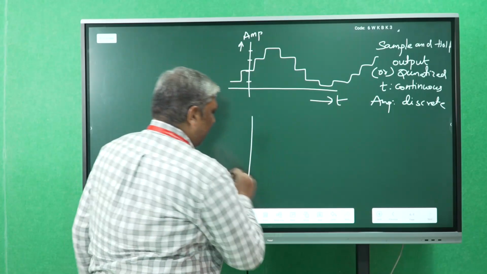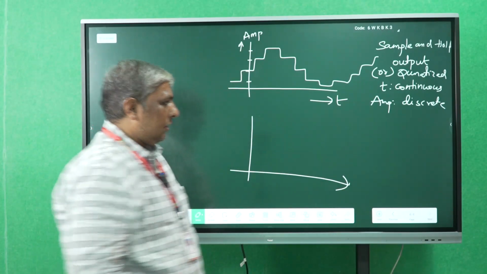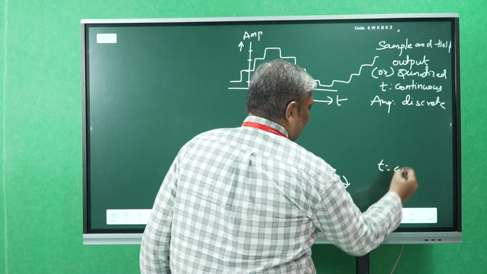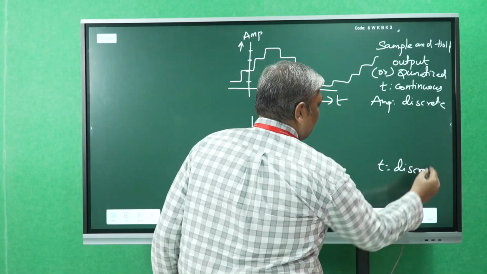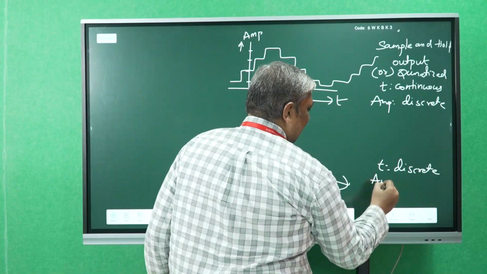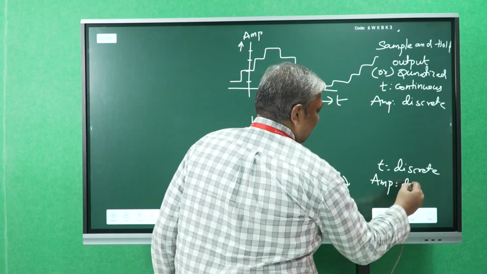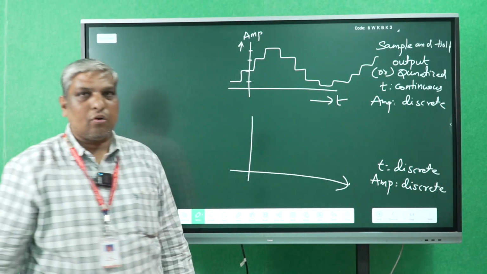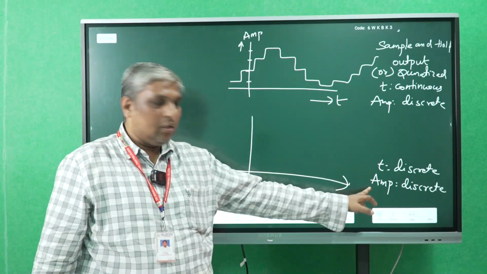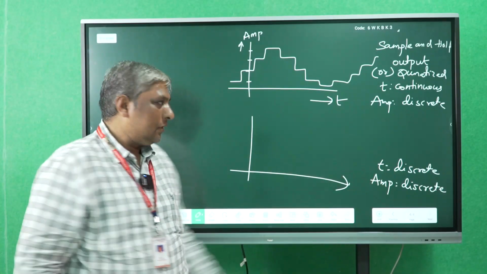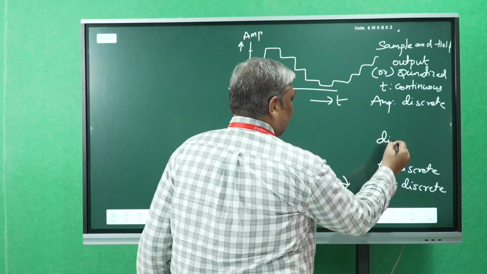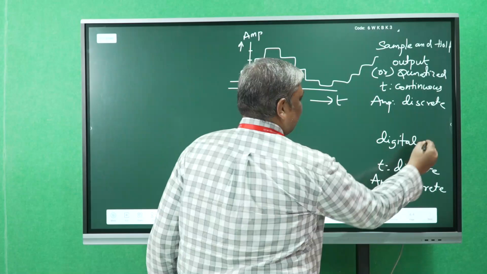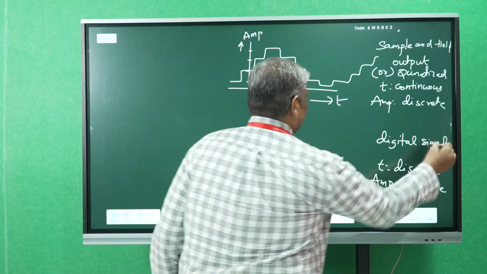Now you are performing the discretization along the time axis and also along the amplitude axis. We are performing the discretization operation along the time axis and along the amplitude axis also. That type of signal is called a digital signal.